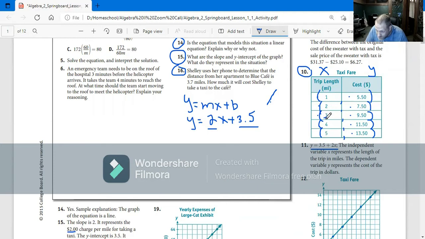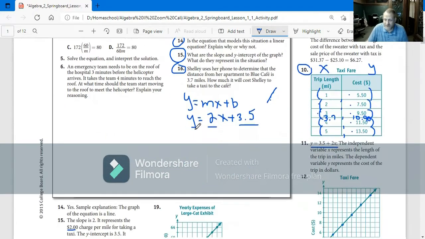We'll just draw that in there, and that's going to cost her $10.90. All right, guys, number 17.